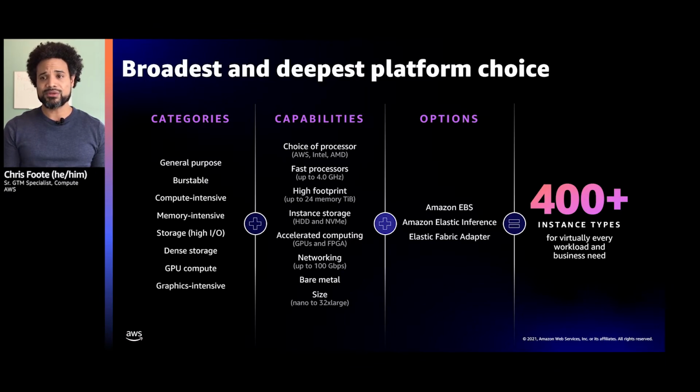We've invested in new capabilities over the last year, such as faster processors with more memory and more storage. Also, additional capabilities such as Elastic Block Store for greater storage performance and greater flexibility, as well as Elastic Inference, which reduces the cost of deep learning workloads by up to 75%.